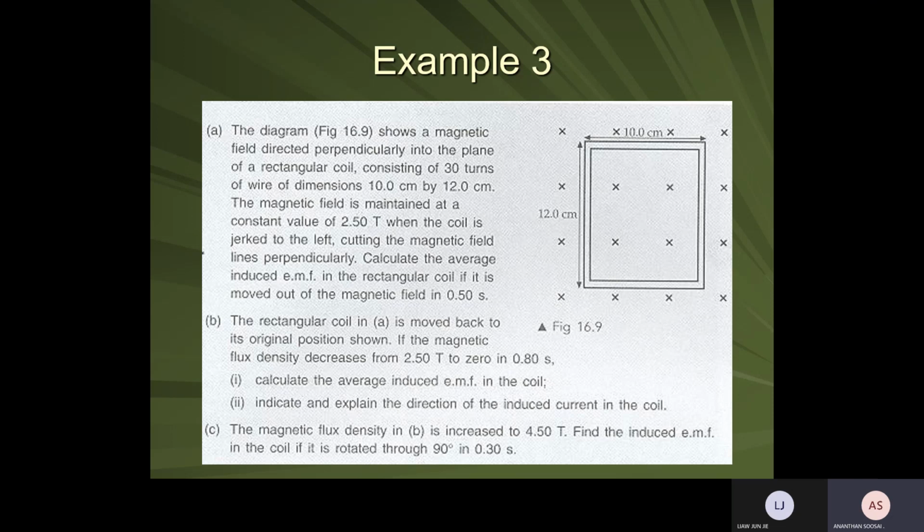So what's the EMF you got? How many volts? 0 minus NBA over the time, right?